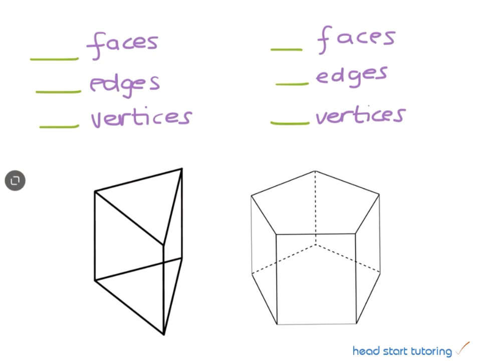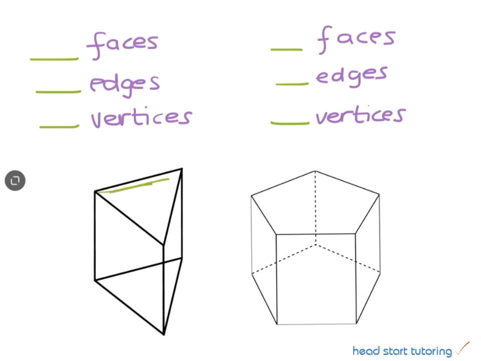We know that a prism has to have two bases that are parallel and congruent to each other. So those two bases are also faces in our prisms. So we need to identify those faces, which are also bases. So let's have a look here at this triangular prism.